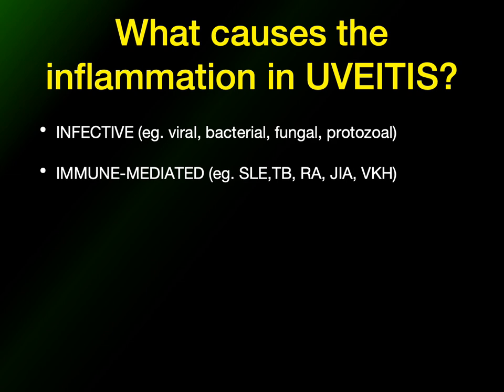Others arise from autoimmune disorders like systemic lupus erythematosus, rheumatoid arthritis, ankylosing spondylitis, TB, juvenile idiopathic arthritis, Vogt-Koyanagi-Harada syndrome. Or they may be due to an underlying carcinoma. There's a whole myriad of causes which you can look up in your textbook anytime, but there is no need to memorize them.